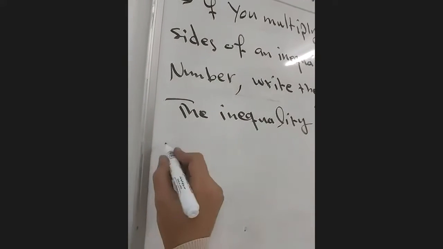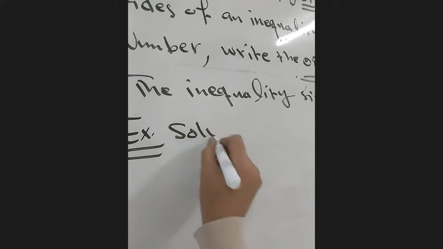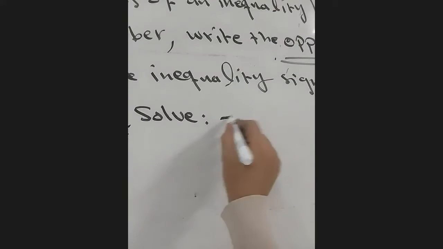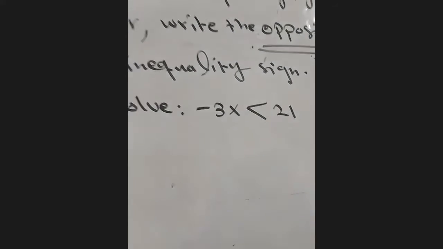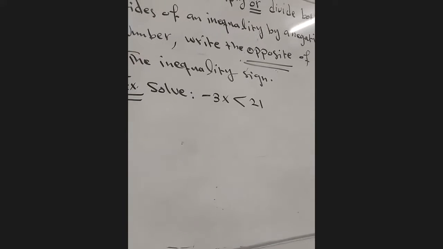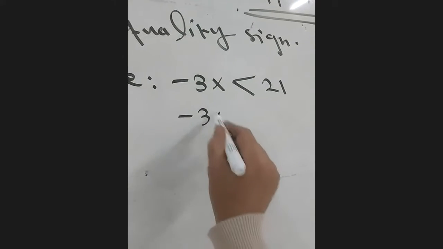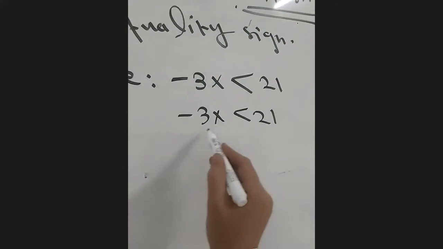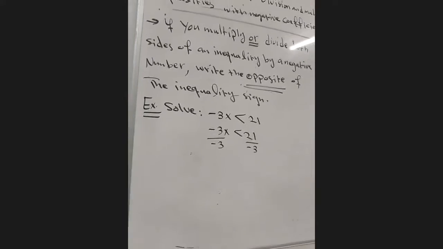For example, focus with me, guys, here, please. If I want to solve this inequality, negative 3x less than 21, we will solve normally. We rewrite the inequality, negative 3x less than 21, and I will divide both sides by negative 3 as we did.